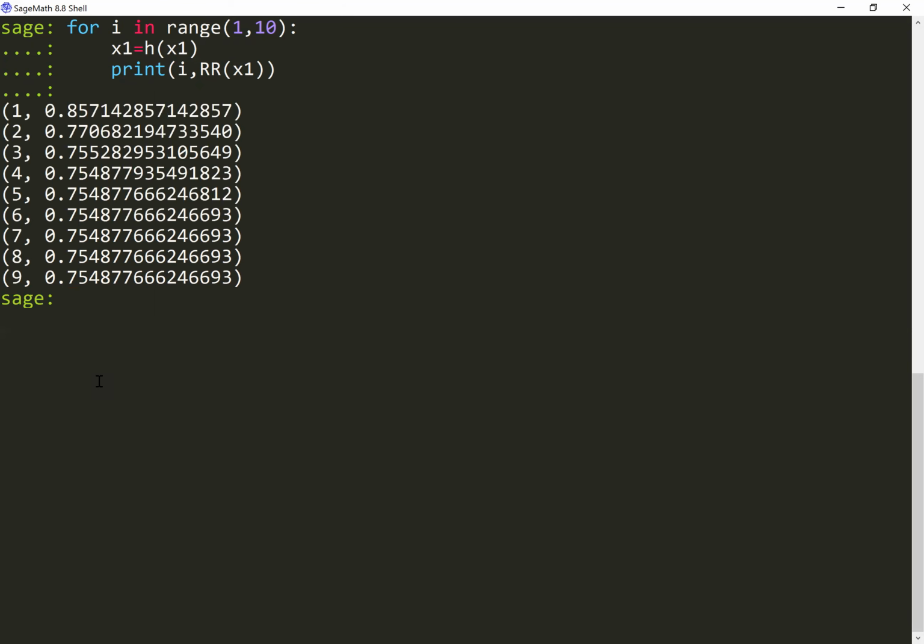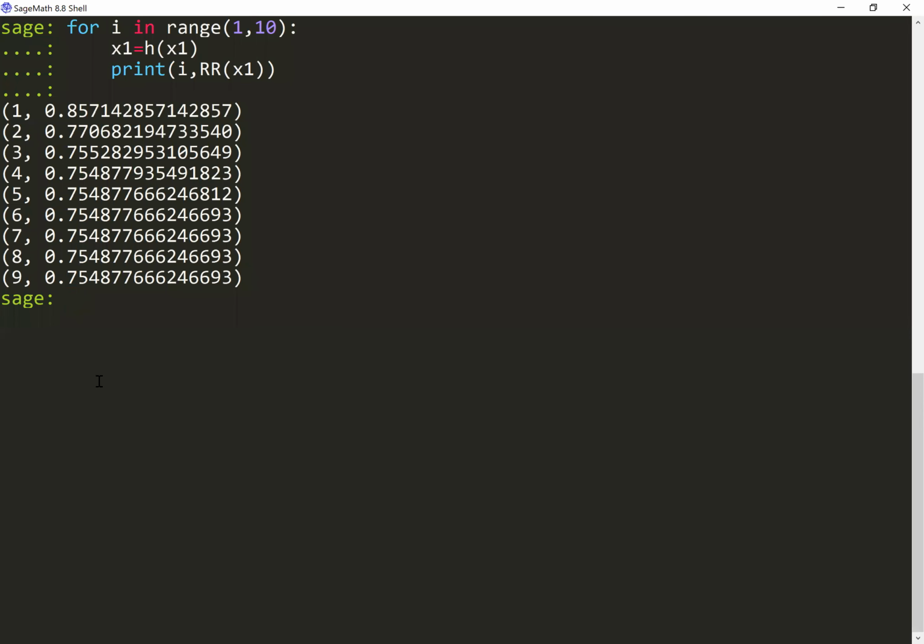Every time we repeat this step, this gives us the outputs: the first output gives us x2.